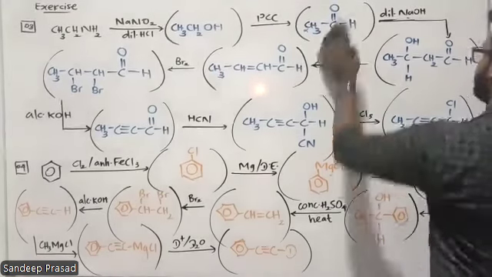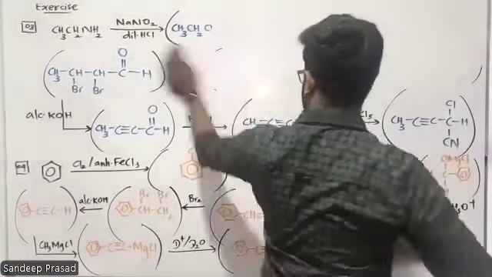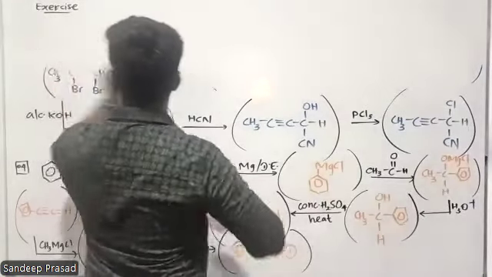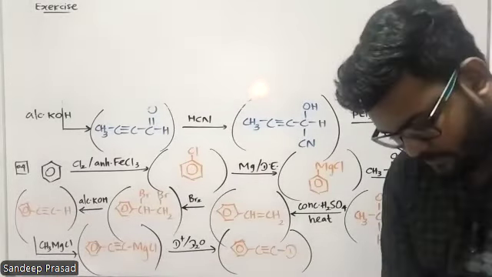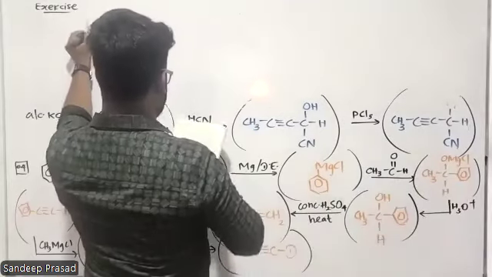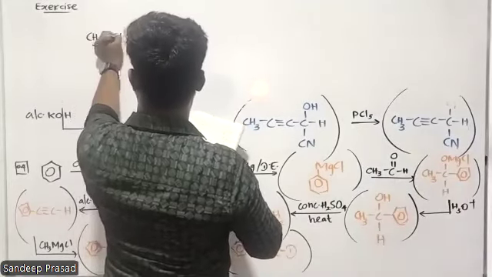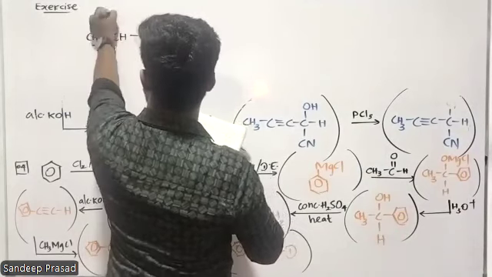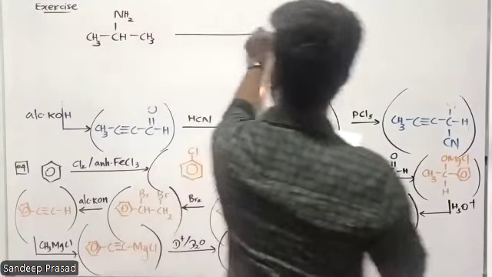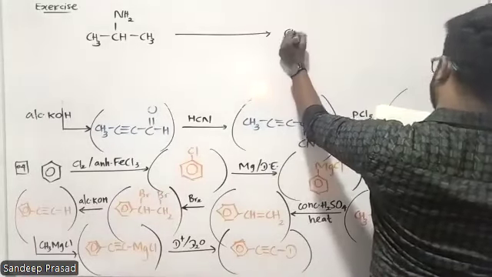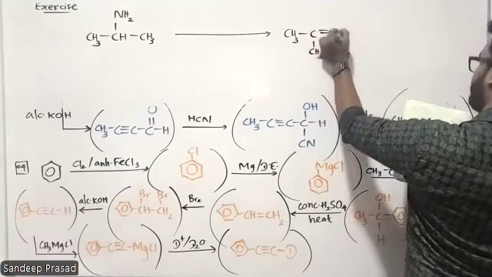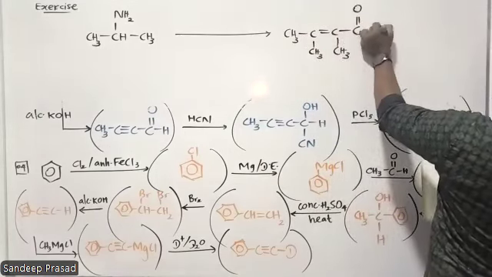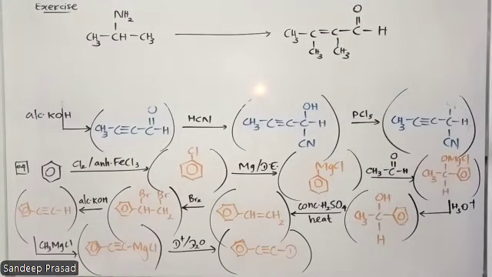Right. So let's do conversion number 5. Friends, I haven't specified the number of steps here, but the only condition that I'm going to give you is you can't use any organic compounds from outside.